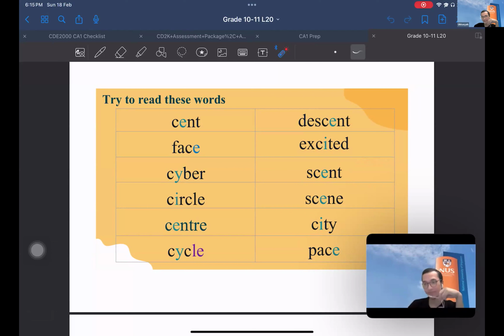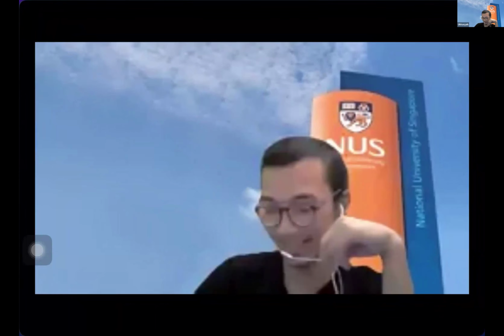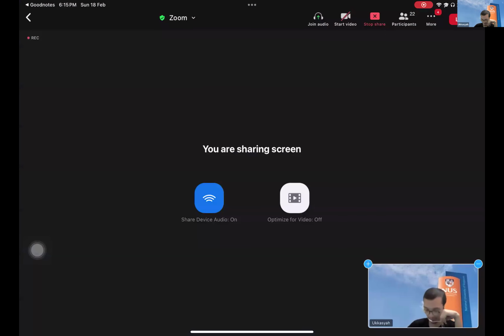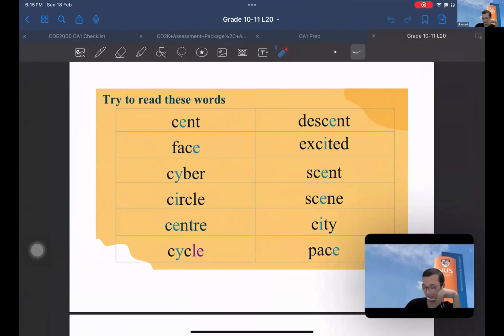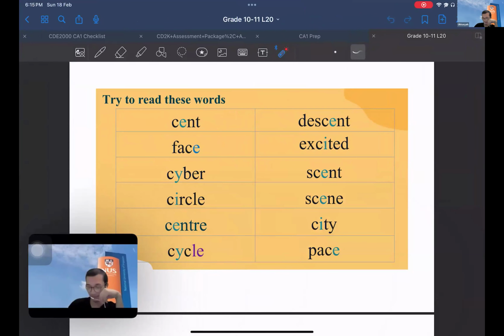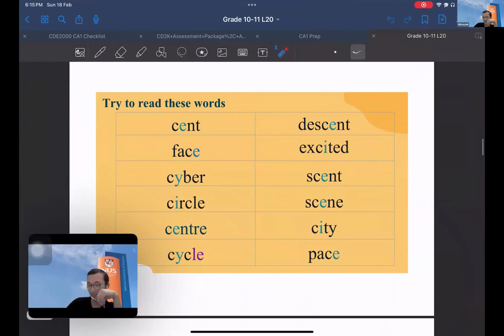Previously I said that you can replace the C with an S, but in this case it won't be very accurate to pronounce it as S-S-E-N-T, because that's not how you pronounce it. So in this case, it's scent.